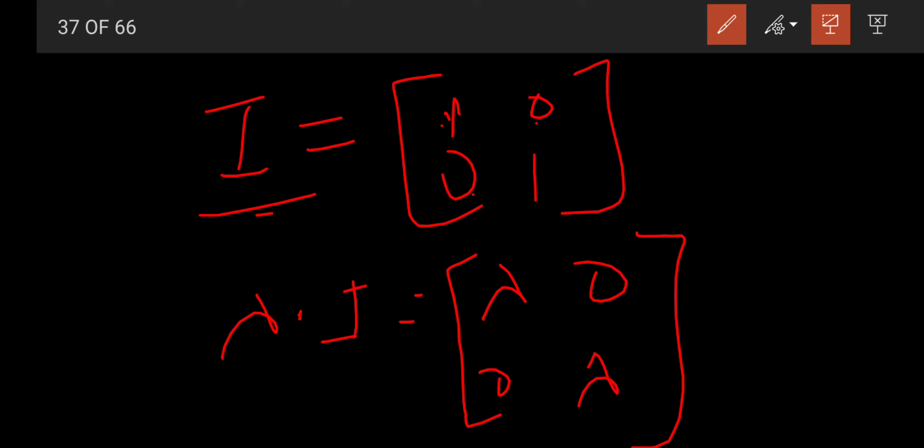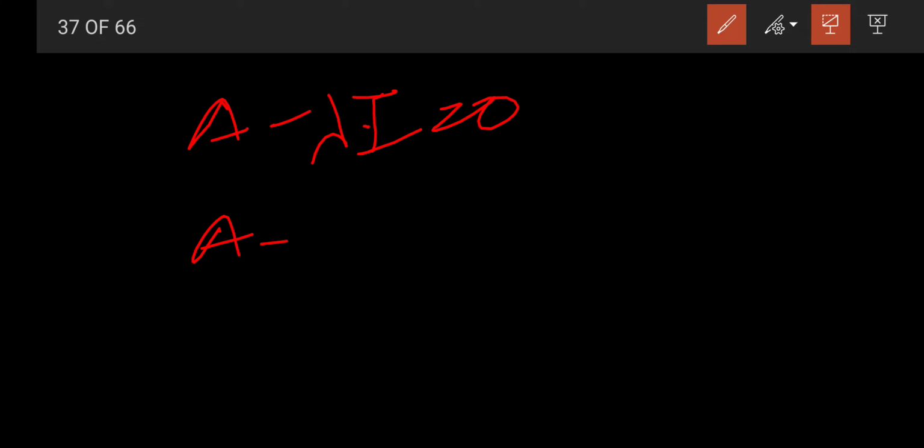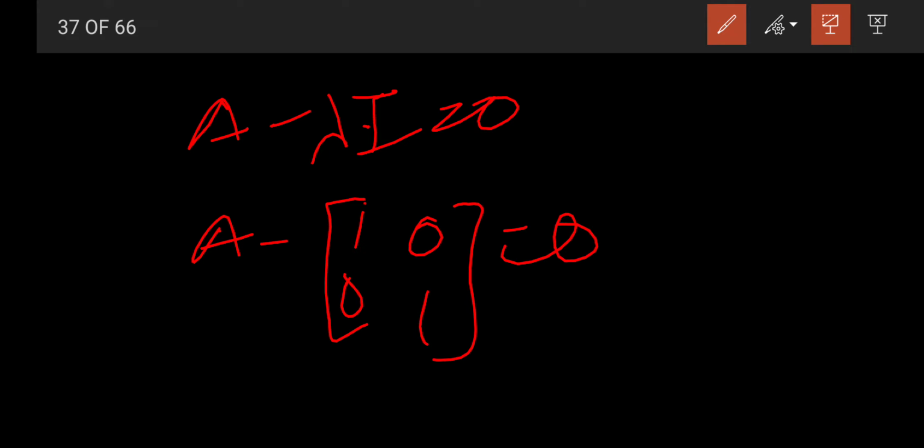Now putting this value into the equation, A minus λI equals 0, A minus λ times 1 0 0 1 equals 0, right? And now put the value of A here. What is the value of A?